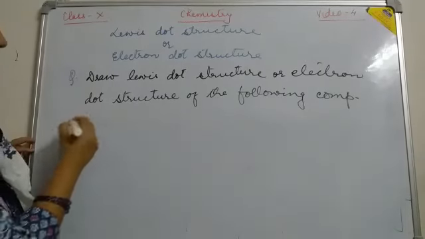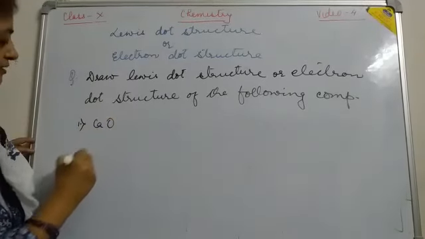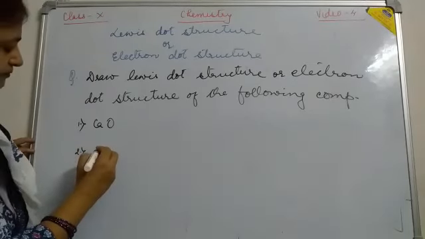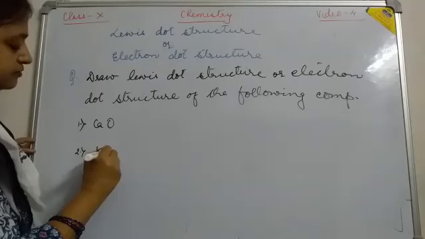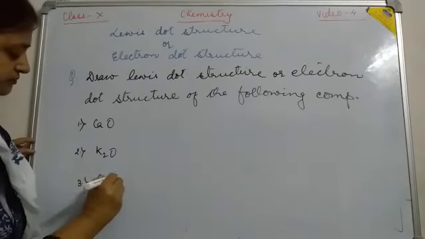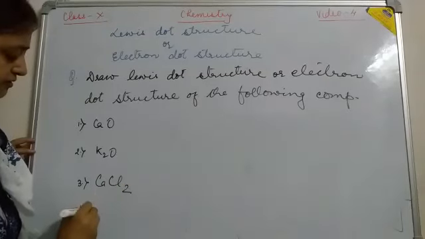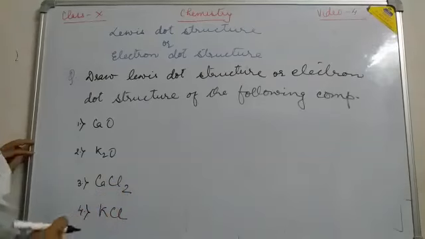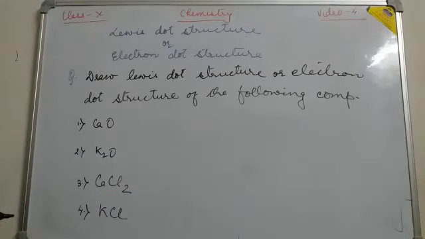First is calcium oxide, second is potassium oxide, third is calcium chloride, and fourth is potassium chloride. So draw the Lewis dot structure of these 4 compounds and submit it to me in your class.